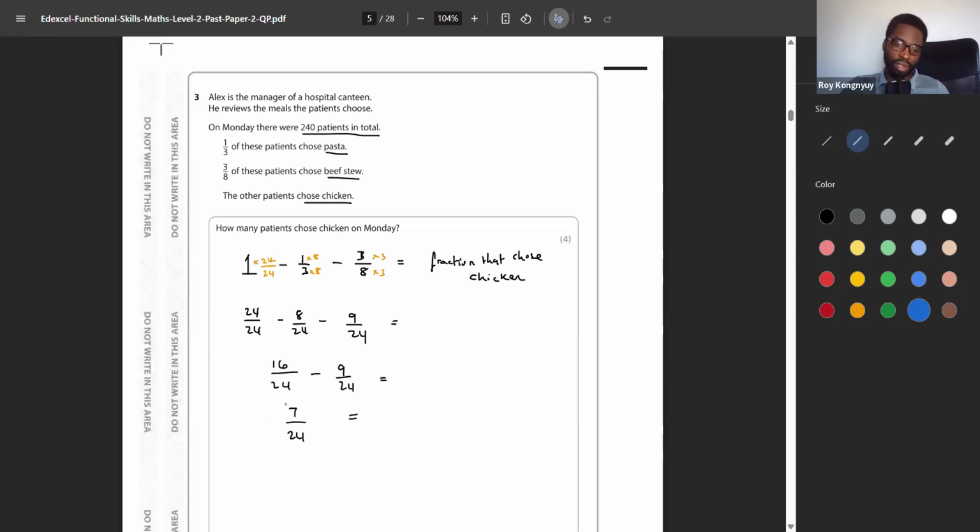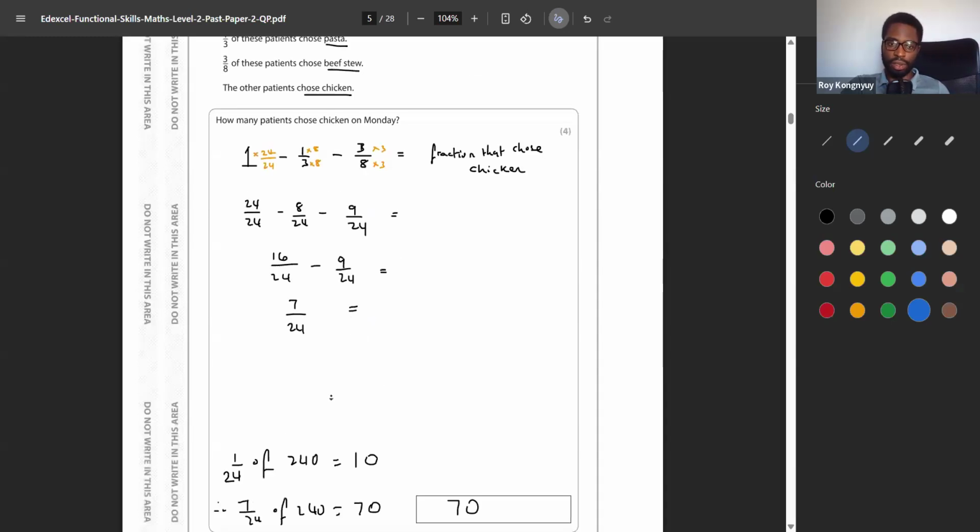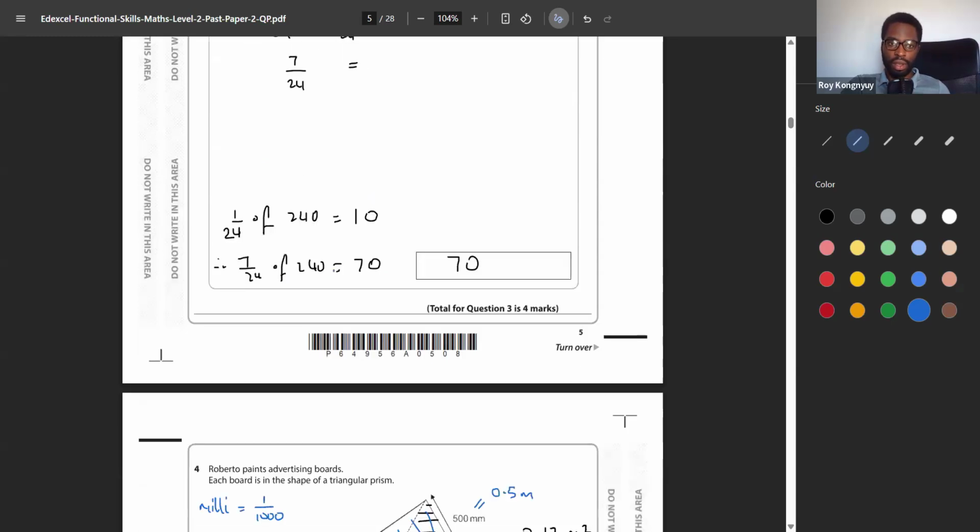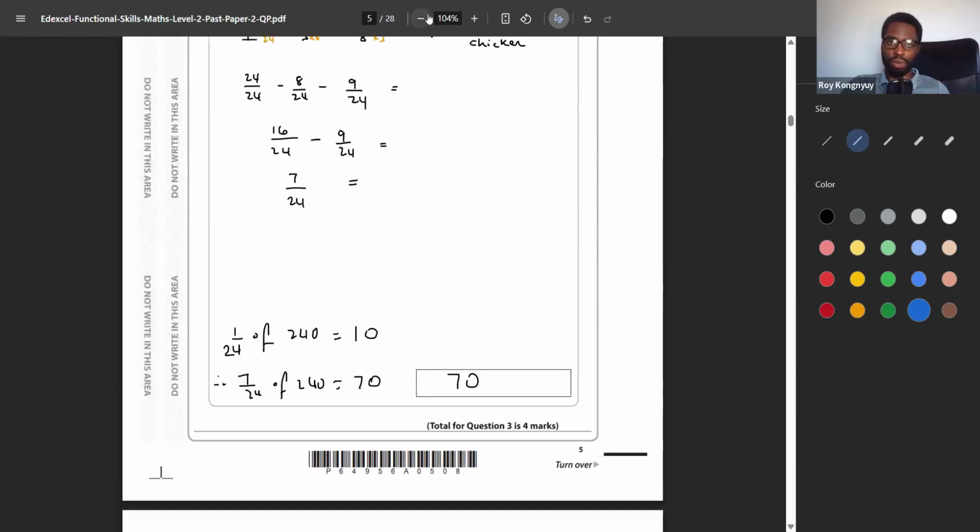Then we just did arithmetic as normal. We just take away numerators from numerators, leaving 7 24ths. So 7 24ths of 240, that's 70.